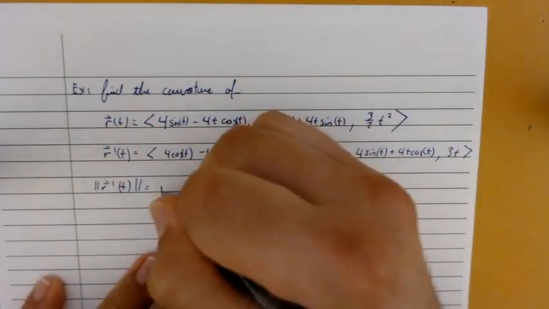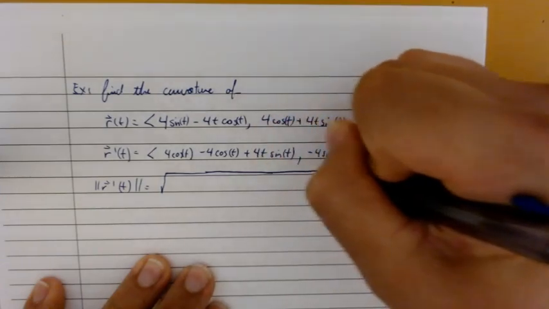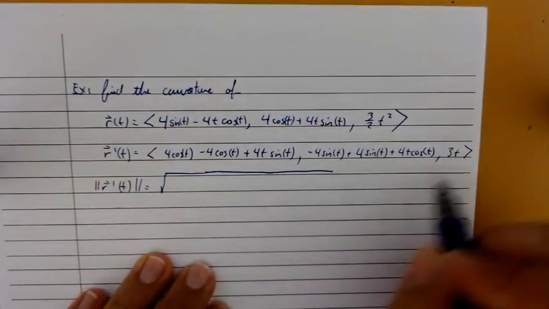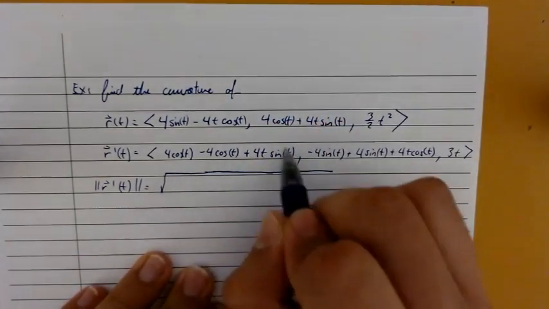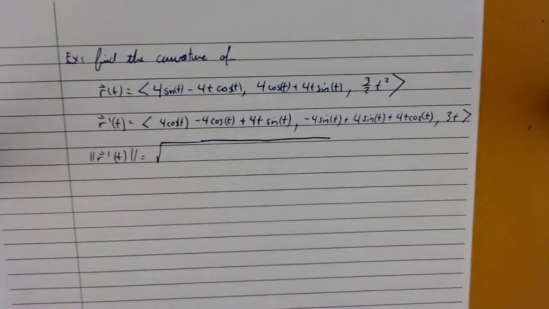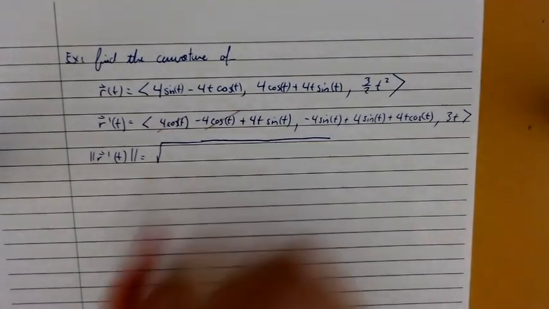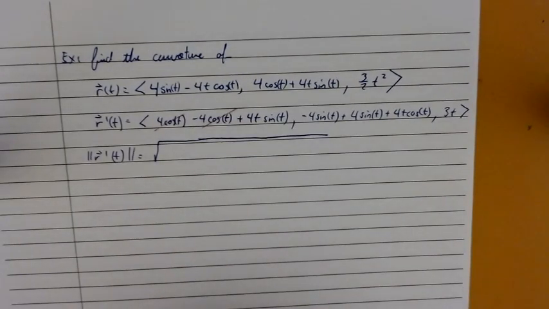Now let's go ahead and compute the magnitude of r prime of t. That's going to be the square root of the sum of the squares of these components. All right, so let's go ahead and square these, and oh, that's going to look unpleasant, isn't it? Oh, actually, not so bad. Those just go away. 4 cosine of t minus 4 cosine of t.